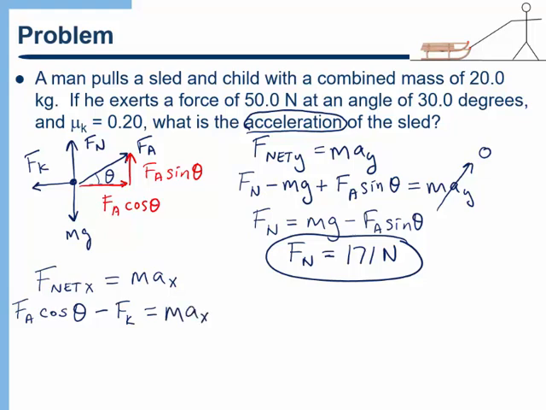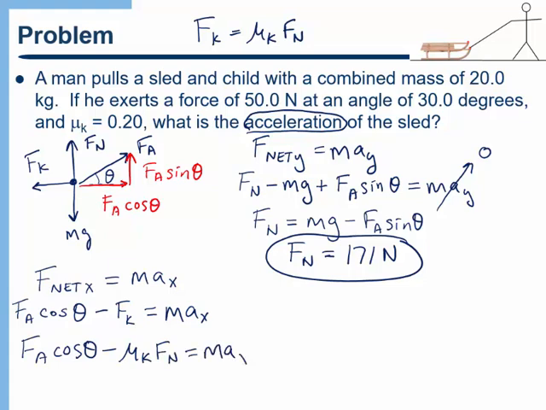I can replace the force of friction with mu k Fn, since that's our definition for calculating the force of kinetic friction. So I have Fa cosine theta minus mu k Fn is equal to m a x.